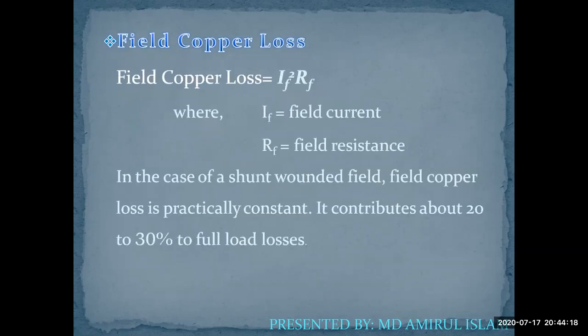Field copper loss: field current squared into field resistance. In the case of a shunt wound generator, field copper loss is practically constant. It contributes about 20 to 30% of the full load loss.